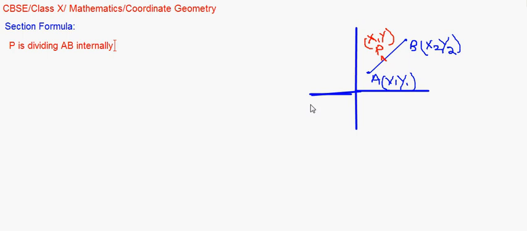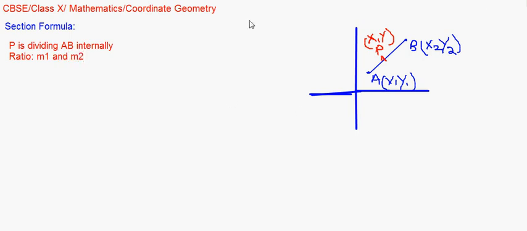The ratio of dividing it, suppose, is given as M1 and M2.